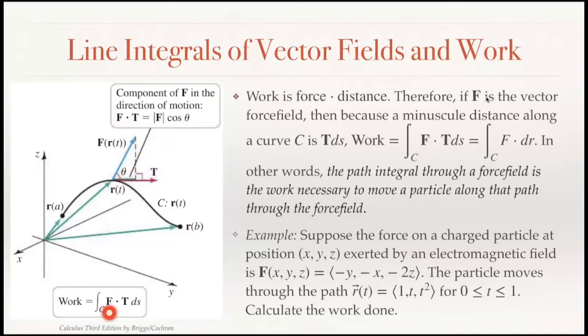And work, as we know, is force times distance. So the total work done is the integral of force dot T ds, because we want to take the component of force in the direction that we're moving. That's the little distance that we're moving. And this is our path integral of the vector field along that curve.